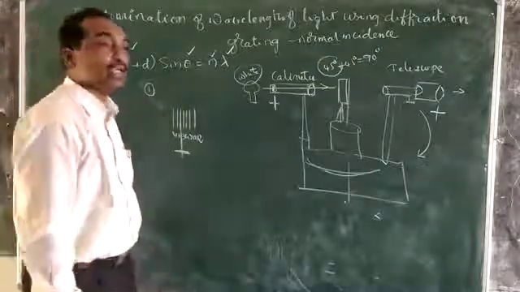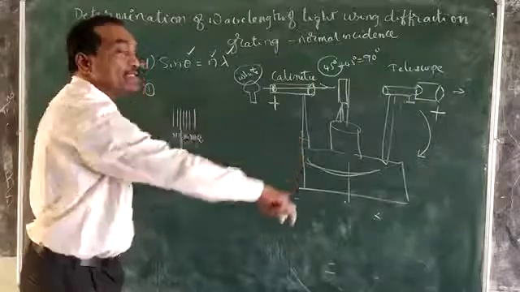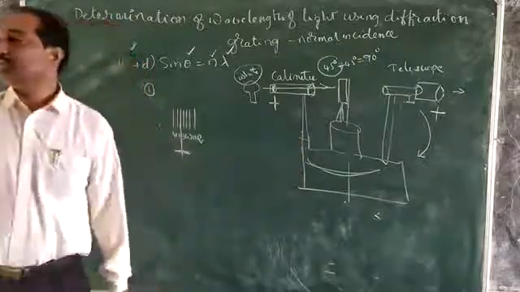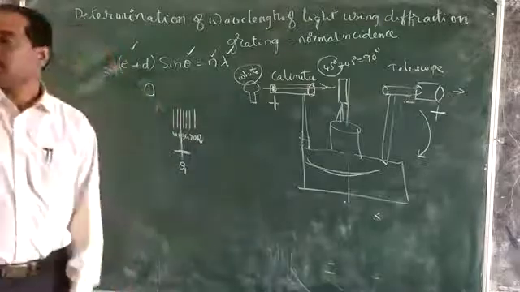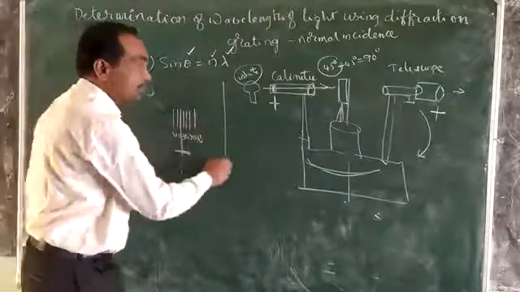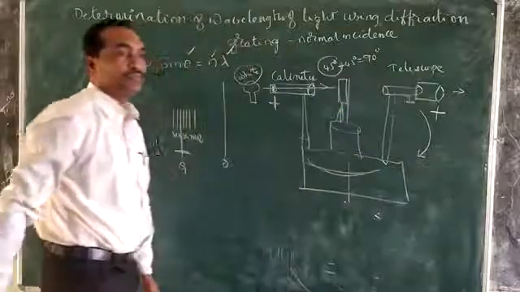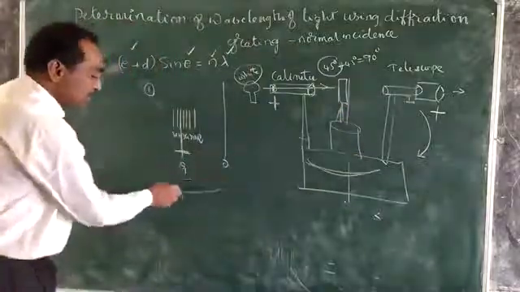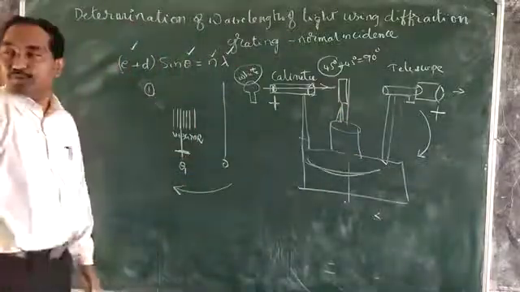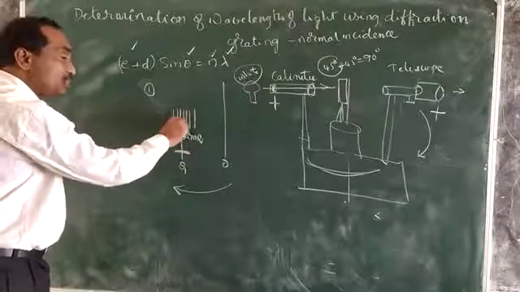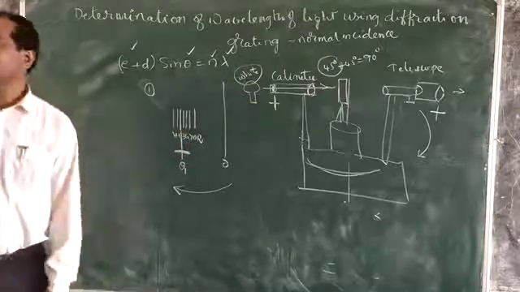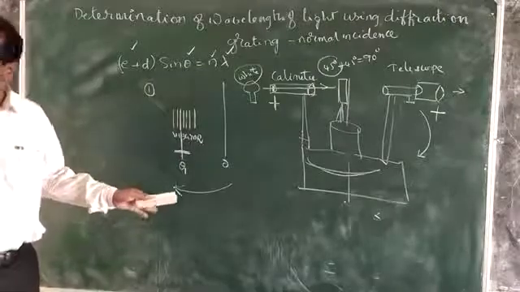That reading is taken as theta 1. Actually, this is the central base. When we move towards the left with the telescope, we coincide the cross wire with the blue color, then we can make the reading.